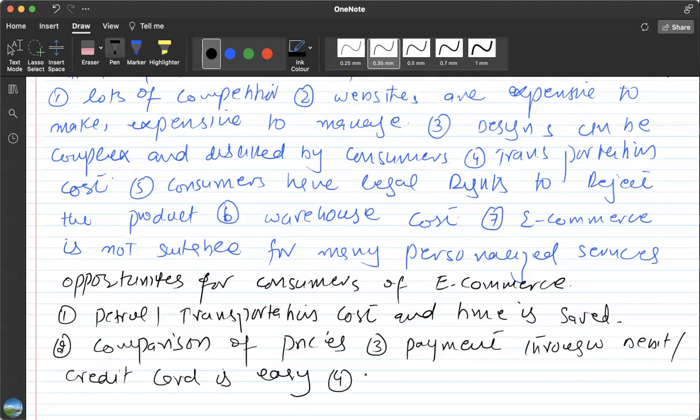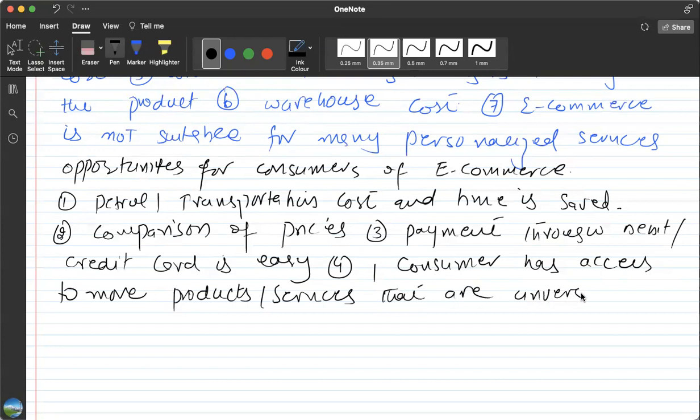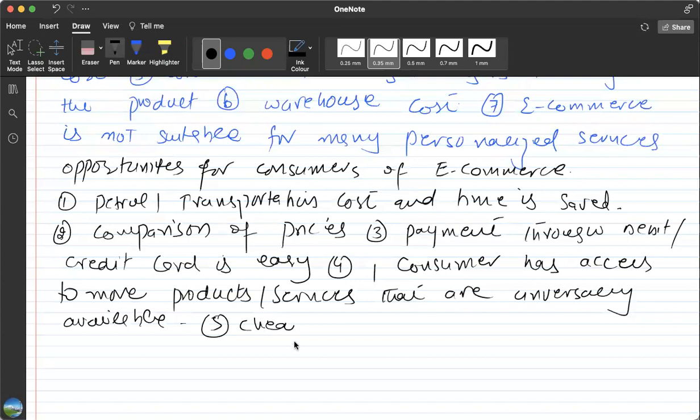Consumers have access to more products and services that are universally available. Sometimes consumers may get a cheaper price if they are buying directly from the manufacturer.